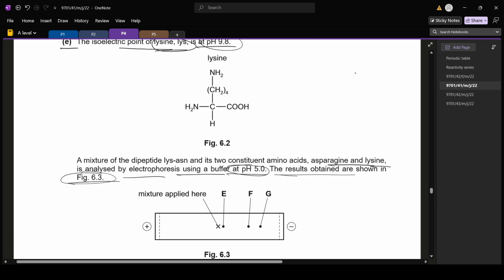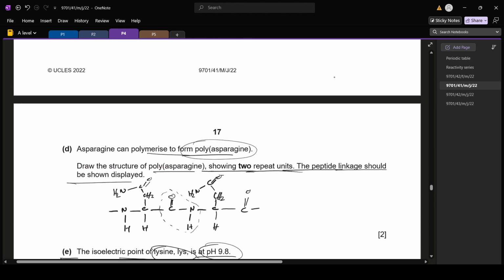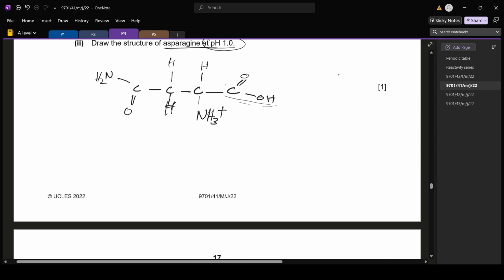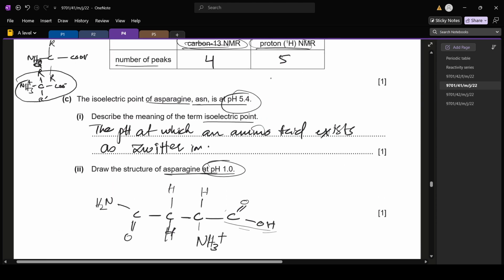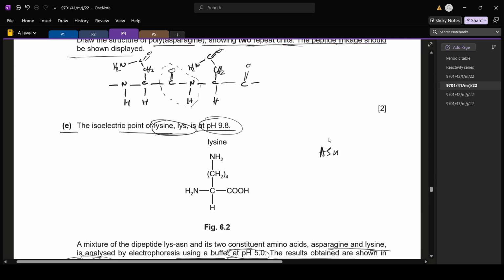Okay, so you have aspergine. This aspergine has the isoelectric point at pH 5.4. Then you have lysine, and then you have lysaspergine.